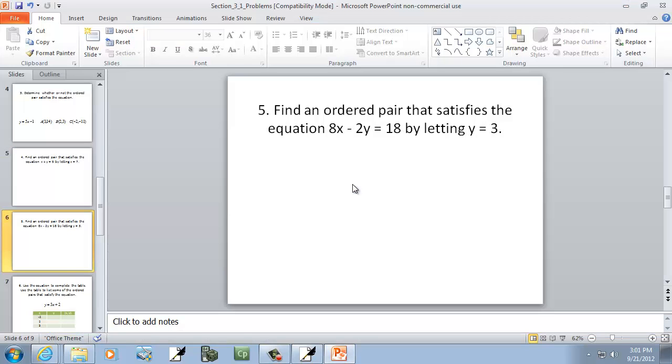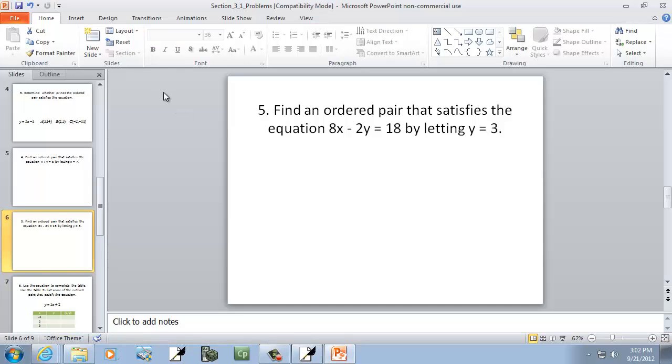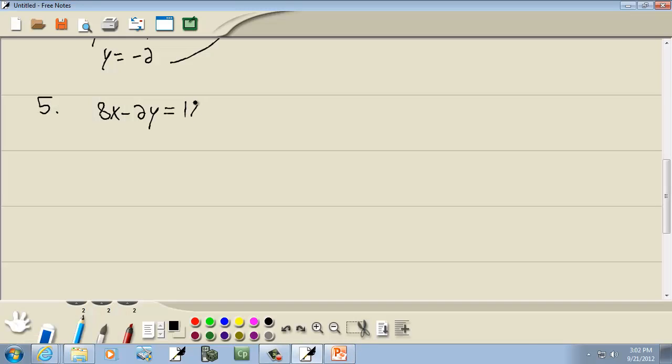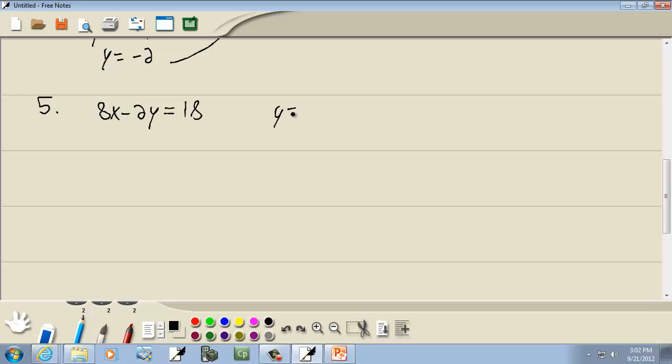Let's look at another one of those. We've got 8x minus 2y equals 18. And they say let y be equal to 3. Same idea. Where our y is, we'll put in 3.